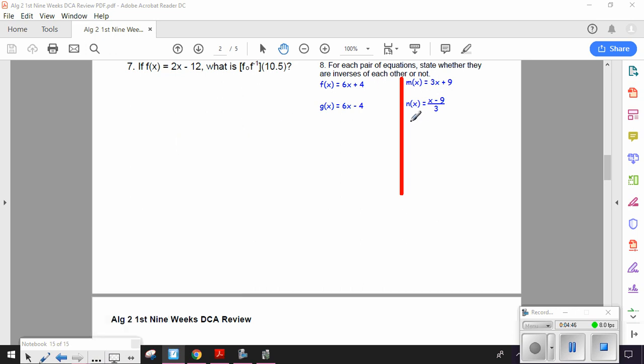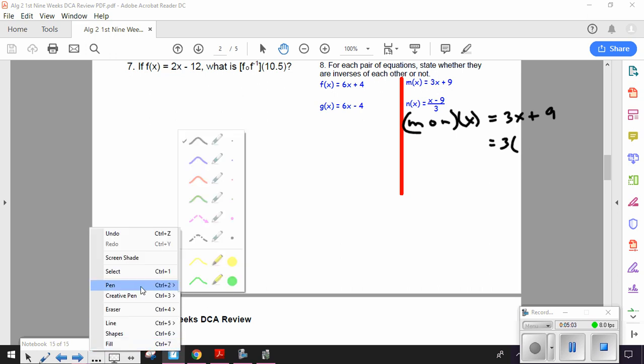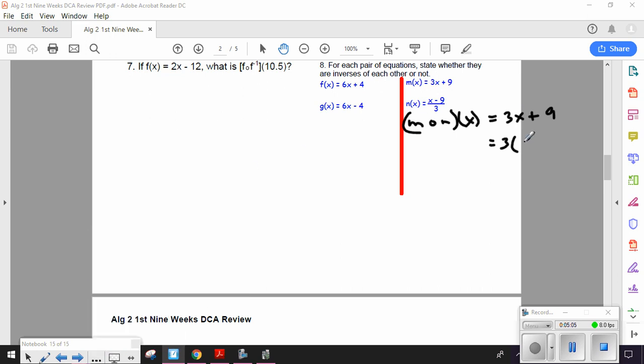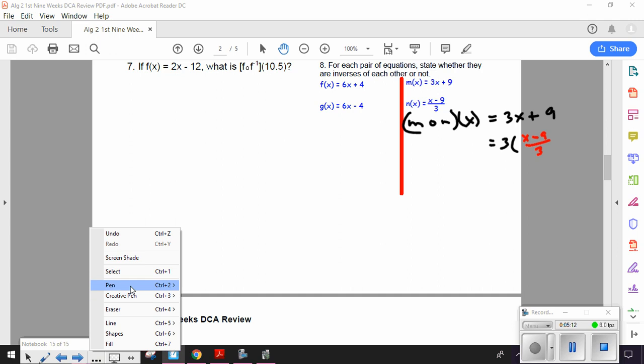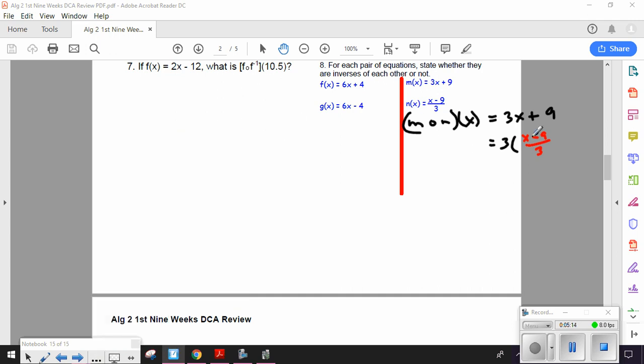So we're going to do M composition N first. So M represents the outer shell, so 3x plus 9. Now let's get the outer shell ready for its gum function. So gum is n, so that's x minus 9 over 3. And then bring down the plus 9.